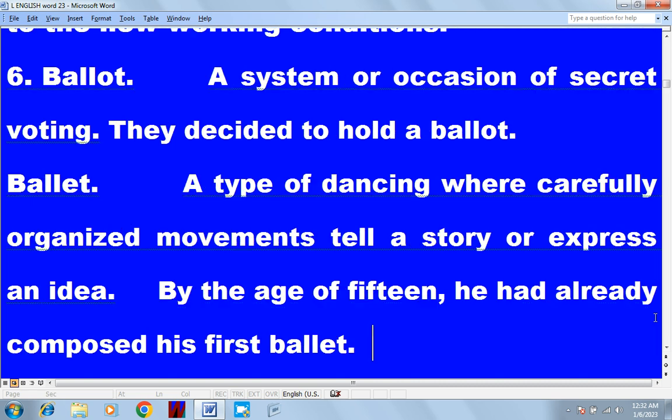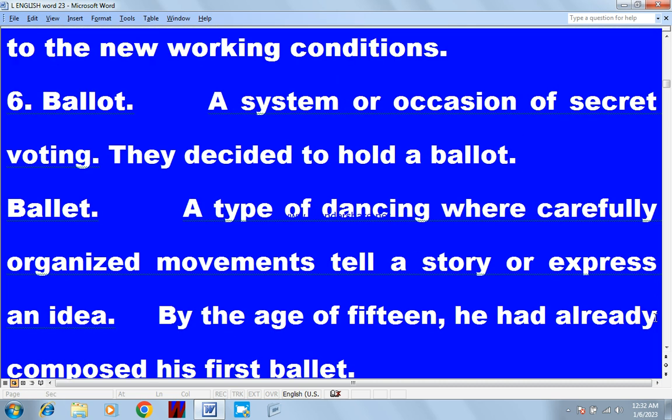Number 6, ballot. Ballot, B-A-L-L-O-T. Ballot, and there is only simple difference, O and E. Word is same, only difference is O and E. Ballot, a system or occasion of secret voting.